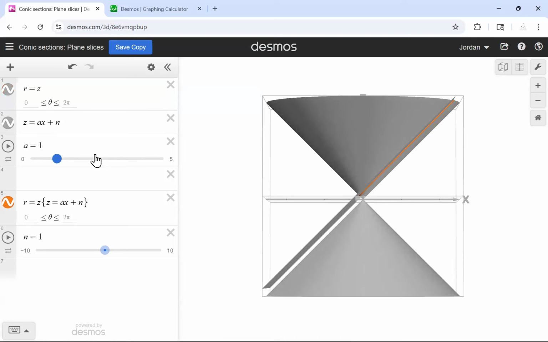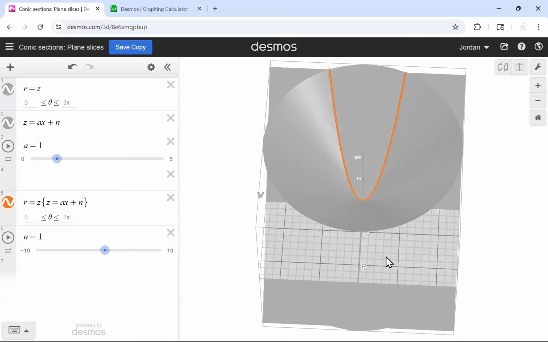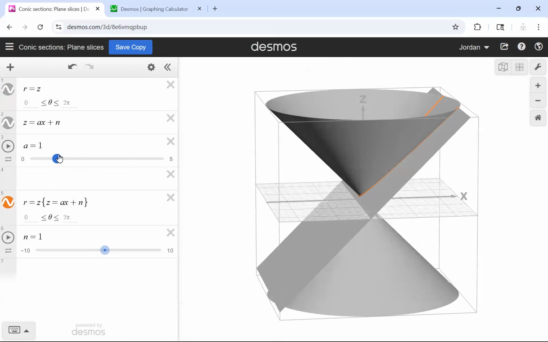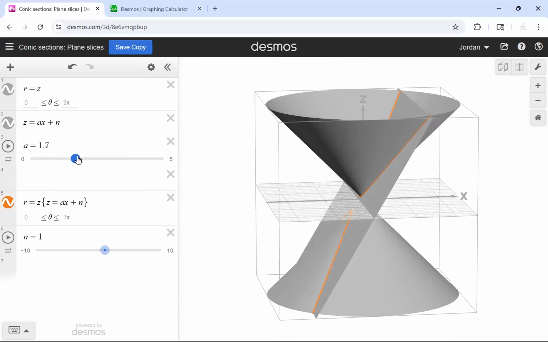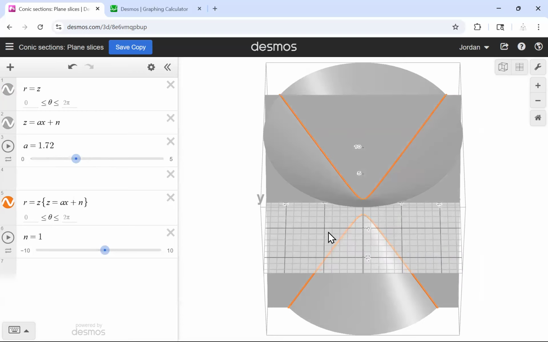Once we've hit 1, we have exactly the parabola. And once we're beyond 1, then we have some version of a hyperbola.